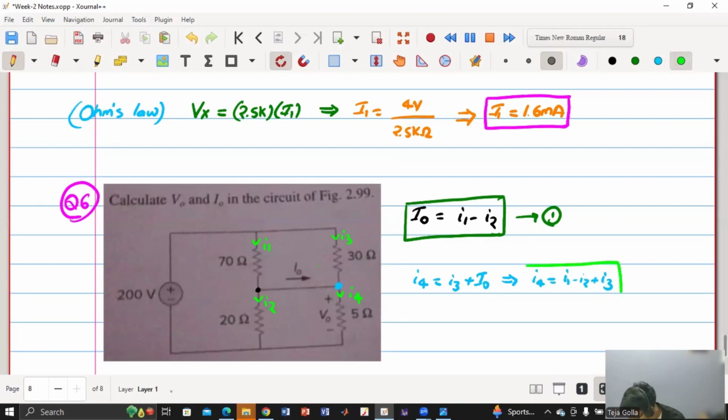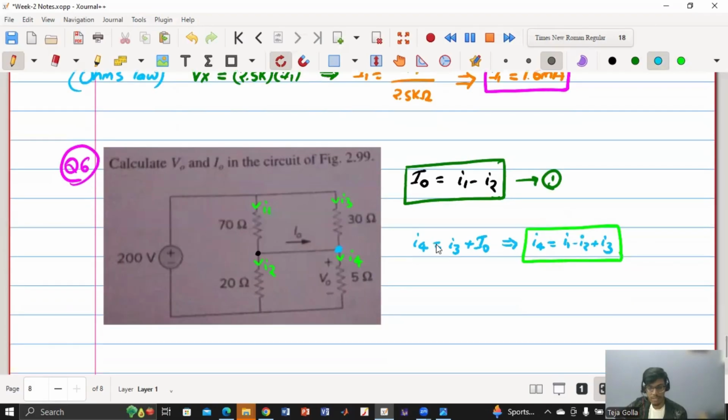So I4 is in terms of I1, I2 and I3. Now there are 3 variables, because I4 is dependent on I1, I2 and I3.